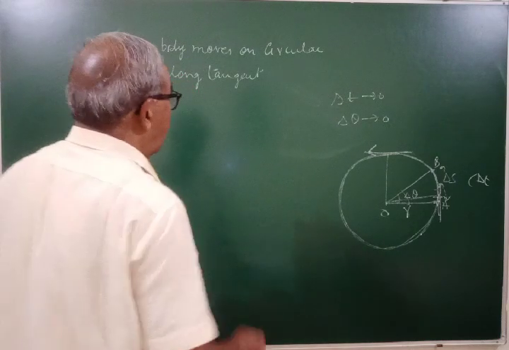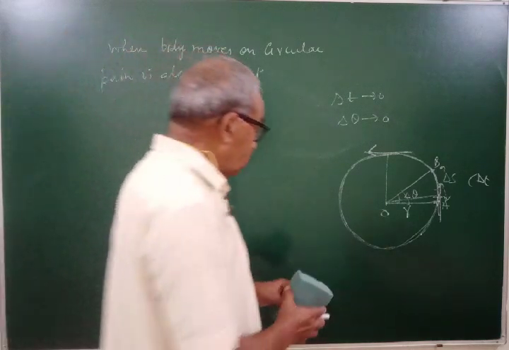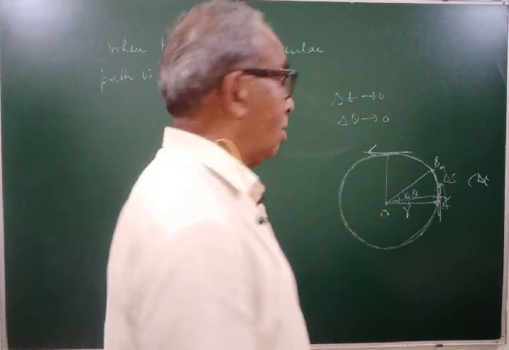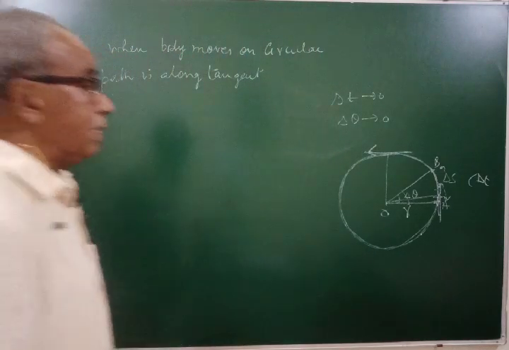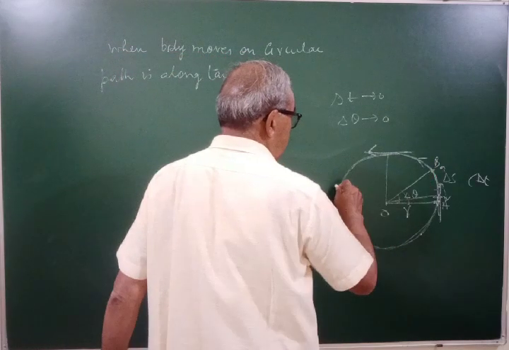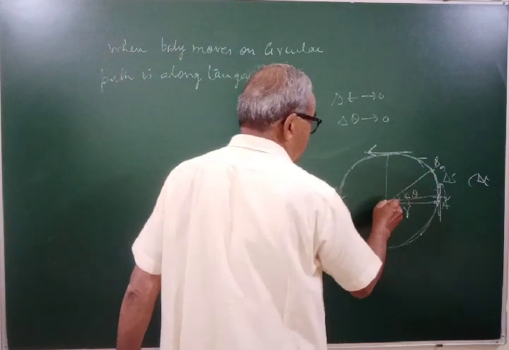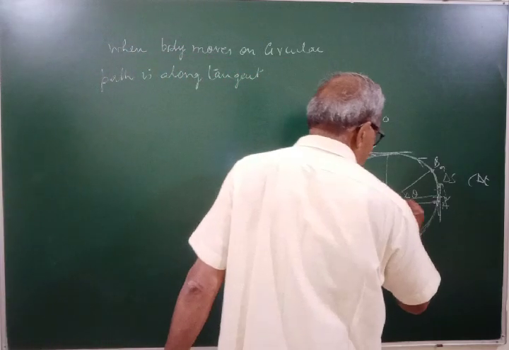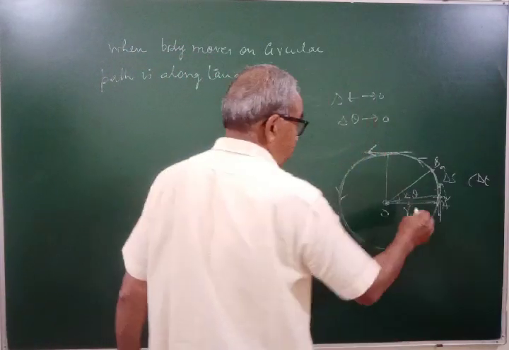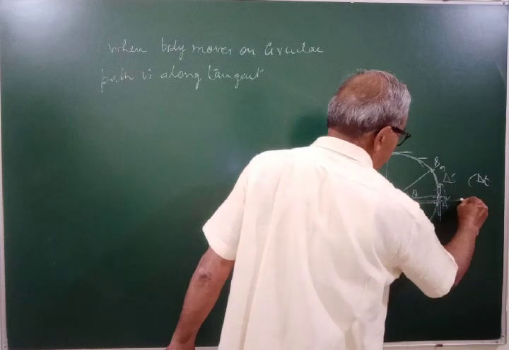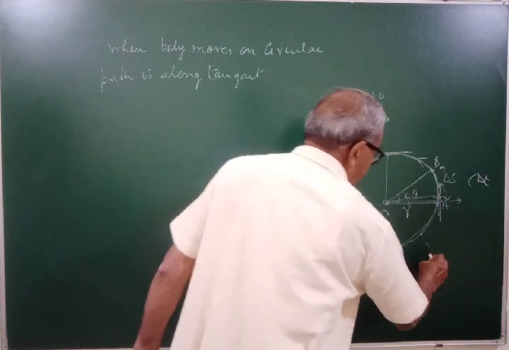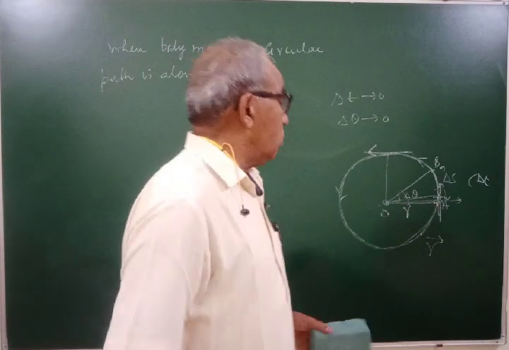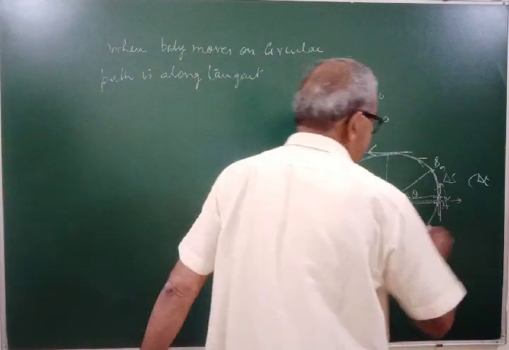Now, in the last video I told you omega, angular velocity, is a vector quantity, and if the body moves anti-clockwise, omega is directed outward. The position vector R has direction O to A, positive.